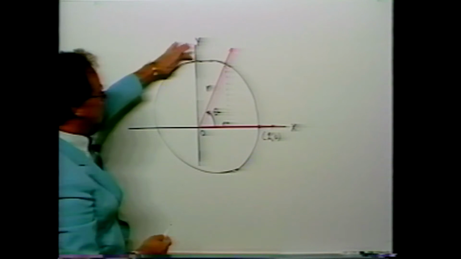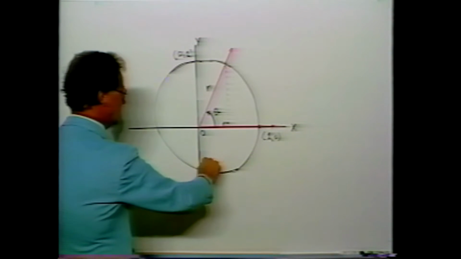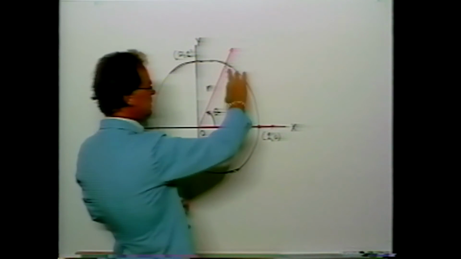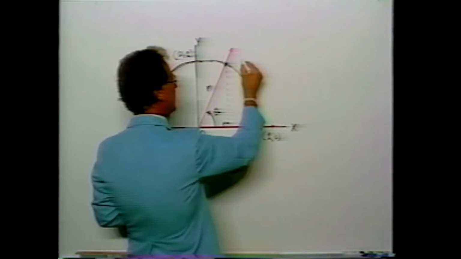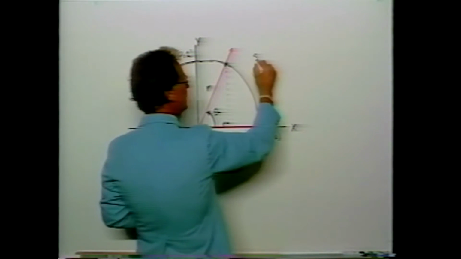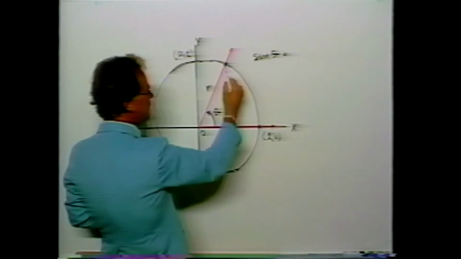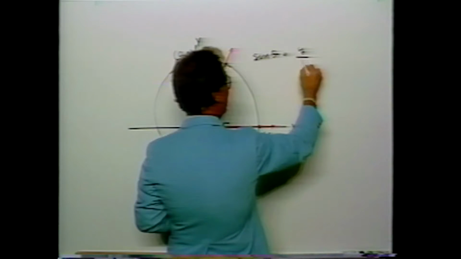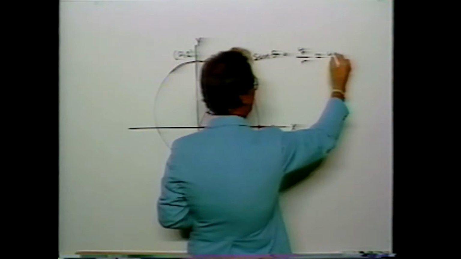This is the coordinate 0, 1, and so on around the entire circumference. Given any particular point on the circumference, since this is a unit circle, the sine of the angle theta is equal to the vertical line here, which is y, divided by r, and since r is equal to 1, this is equal to y.